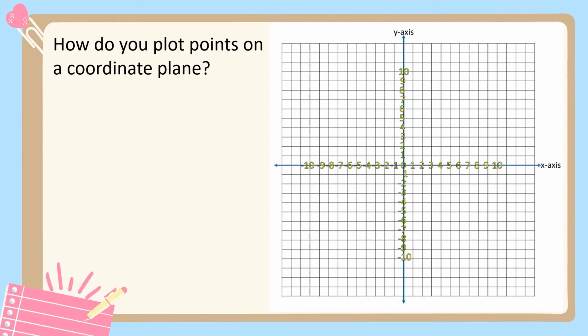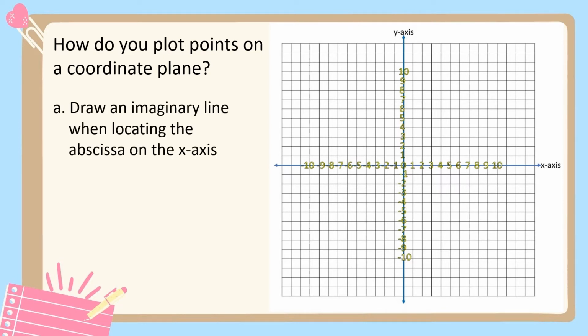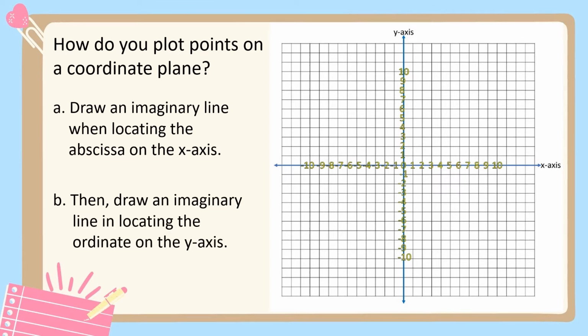So how do you plot points on a coordinate plane? First, draw an imaginary line when locating the abscissa on the x-axis. Then, draw an imaginary line in locating the ordinate on the y-axis.